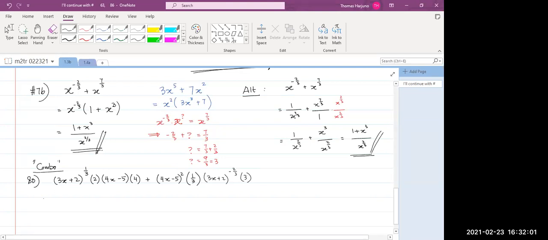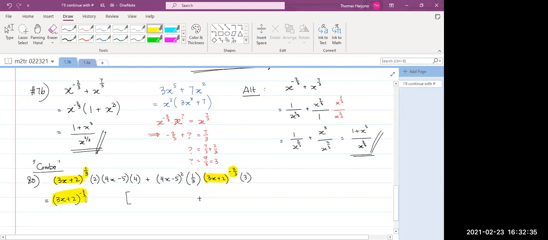Okay, let's see what's the common factor first, or the smallest exponent. For the yellow one, 3x plus 2, the smallest exponent is negative 2/3. So that's what I will pull out. So 3x plus 2 to the power of negative 2/3. Later on, inside, on the second term, no more yellow one, right?